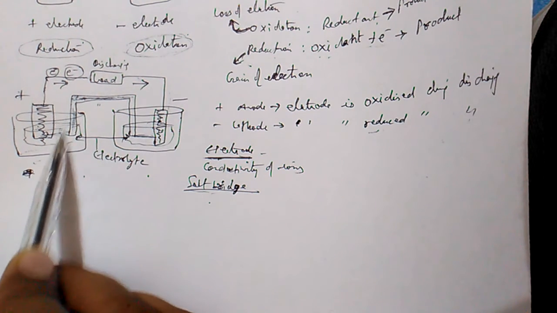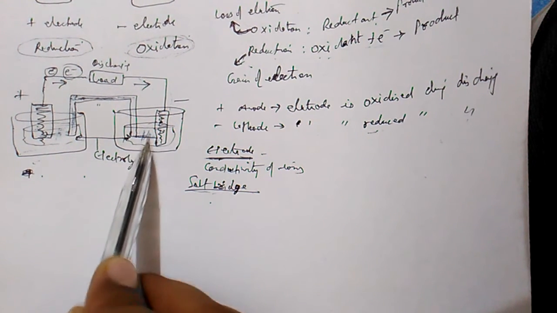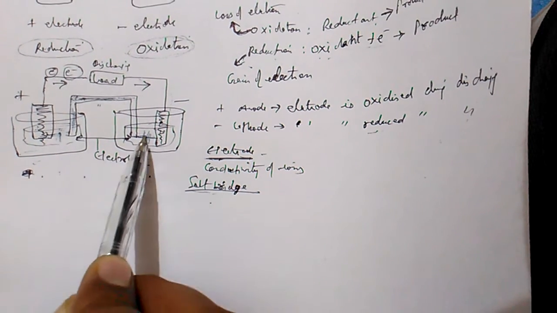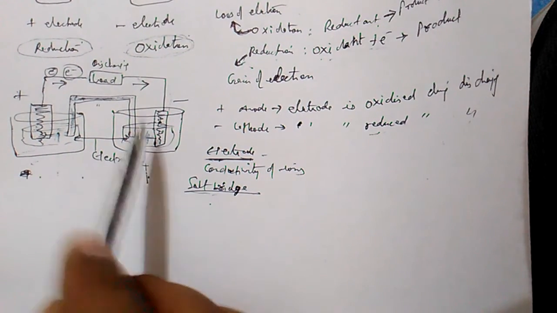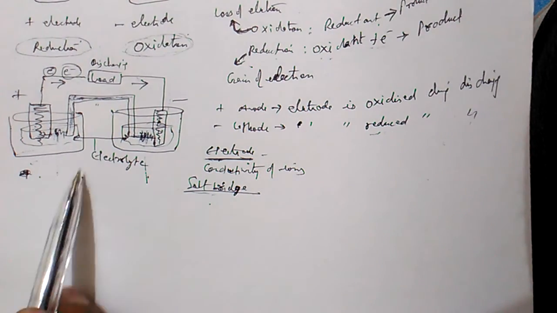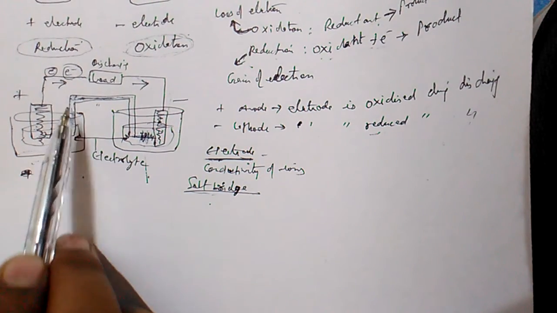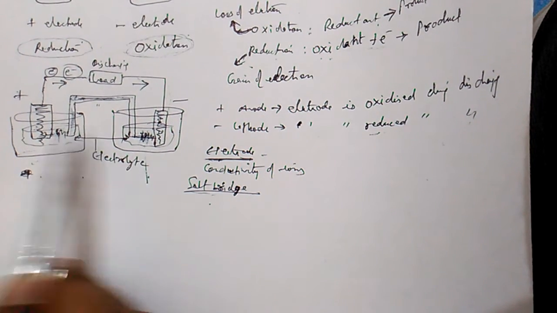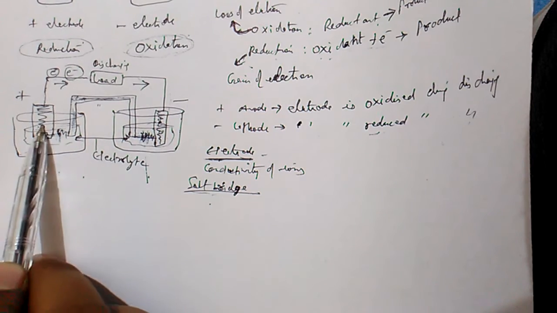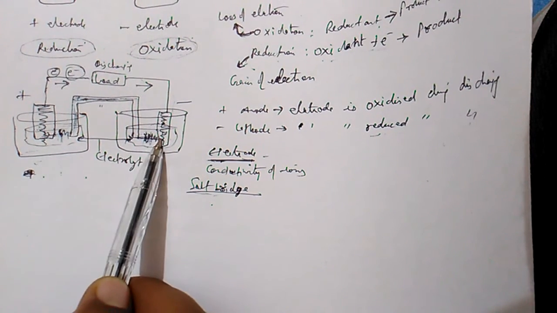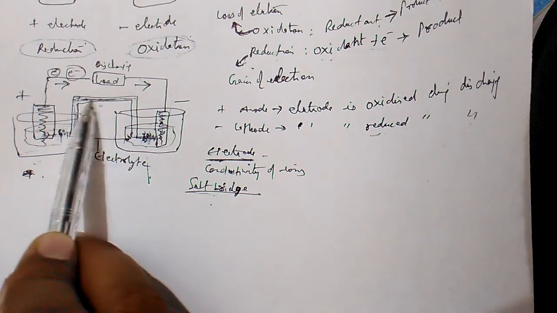Means this point is separate and this point is also separate. Directly this electrode will not connect here. Through this porous material they are connected here. So it is a porous material, the salt bridge.